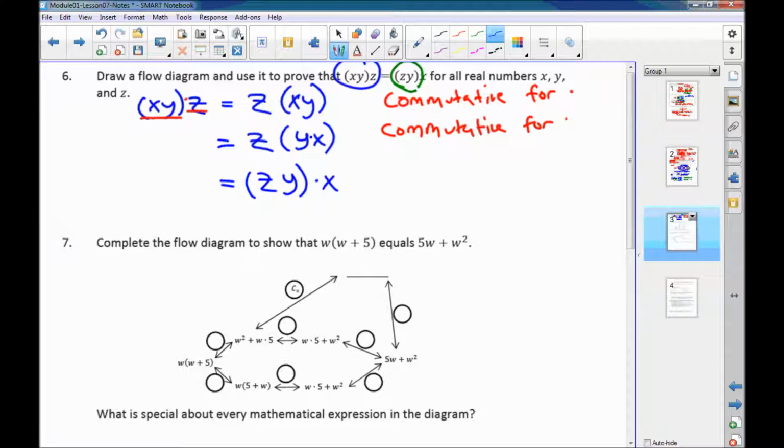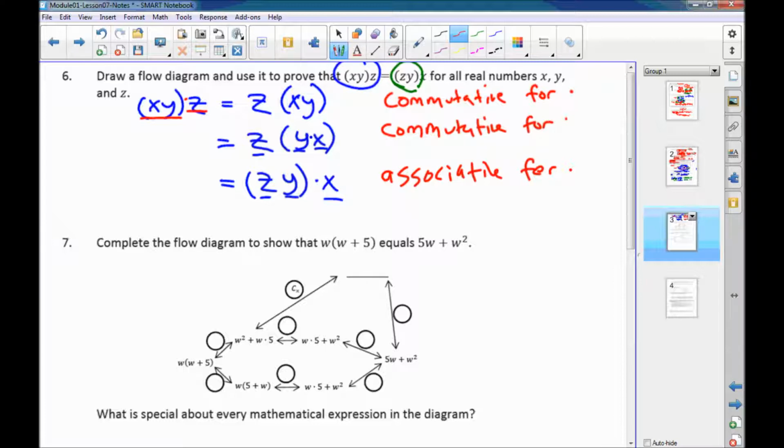What property allows us to move the parentheses when the values all stay in the same order? So xyz, nothing changed order except for the parentheses moved around. And the property that allows us to do this is the associative property for multiplication.